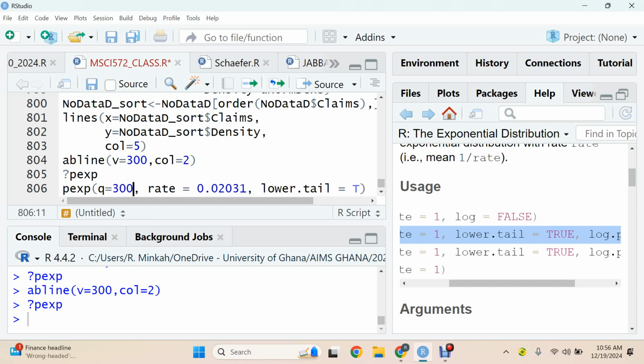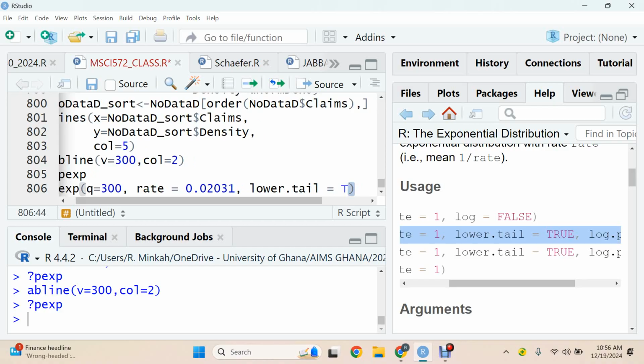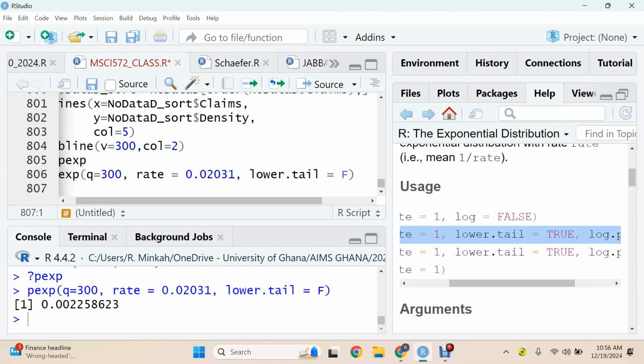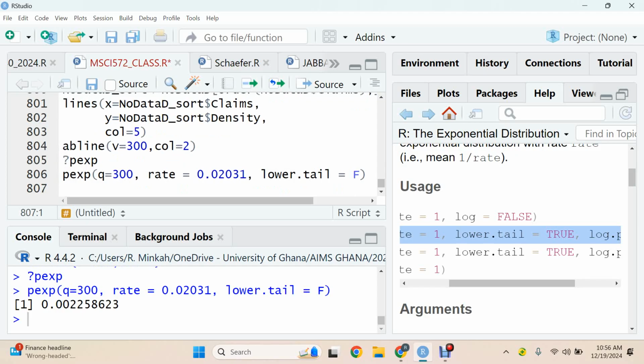So this will give me, sorry, this should be false, right? But I can also do 1 minus when it is true. So this is the proportion of observations greater than 300. Is everybody okay with this? I can get the empirical one, what the data is showing.